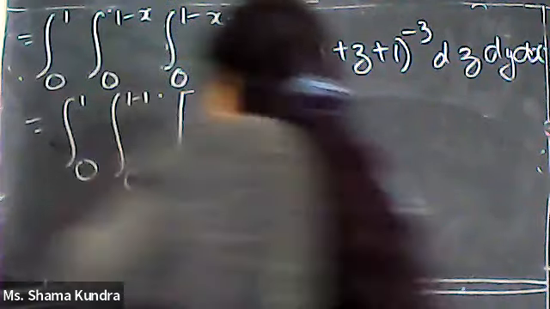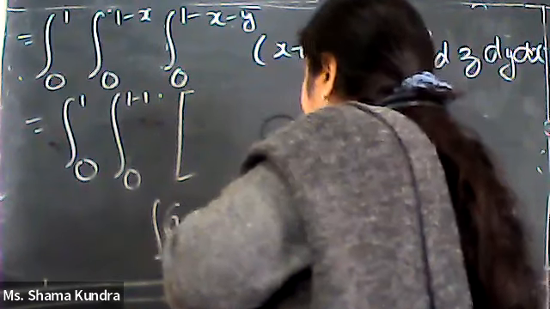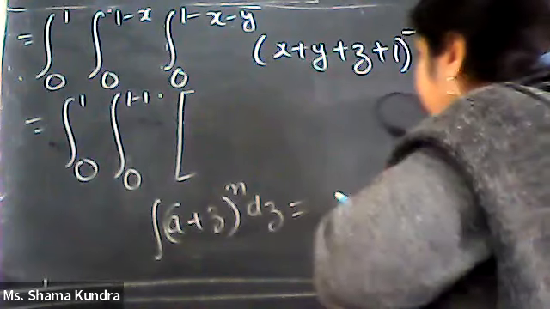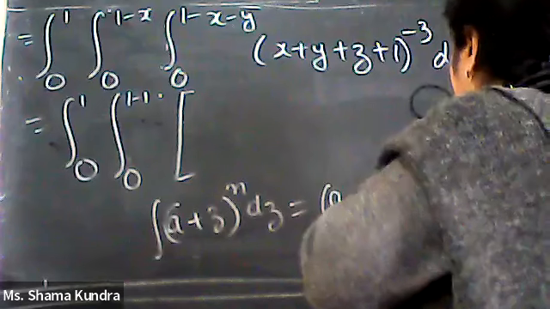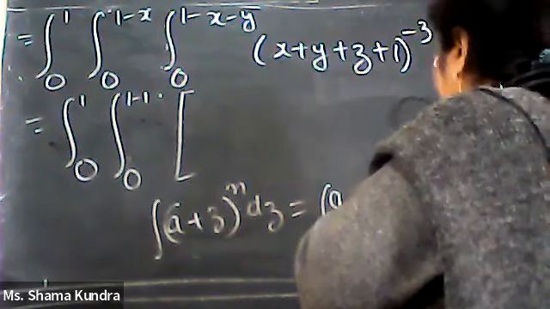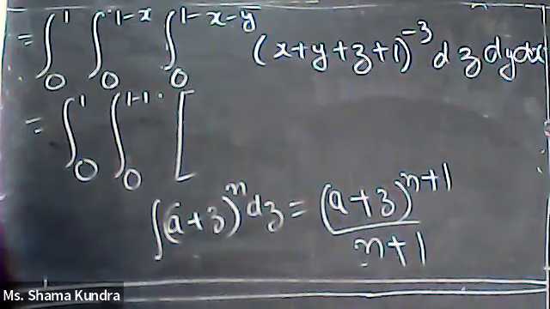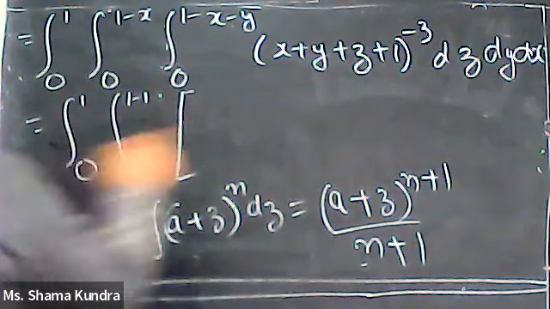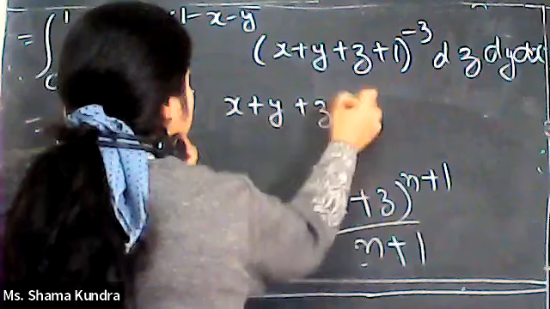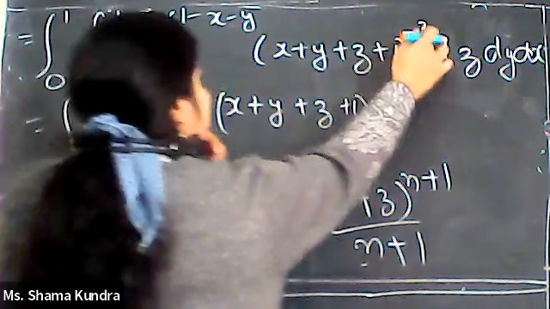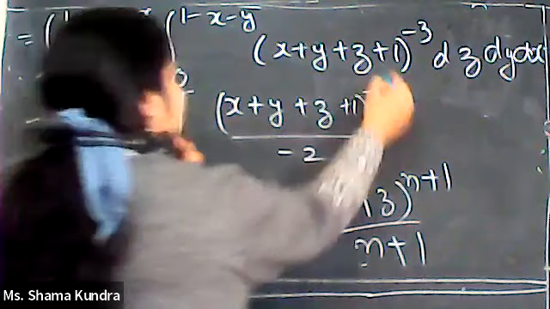Here, the integral of (a plus z) raised to power n is (a plus z) raised to power n plus 1 upon n plus 1. The same formula we use here. I will get (x plus y plus z plus 1) raised to power, 4 is minus 3 plus 1, so I will get minus 2, and divided by minus 2.